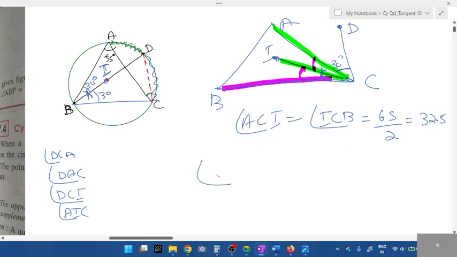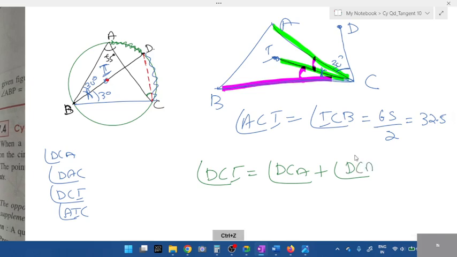So if you want to find angle DCI, students, DCI is made up of how many angles now? DCI, DCA plus. Tell me DCI. Look at DCI. DCA plus ACI. Correct. DCA we got 30 plus 32.5.